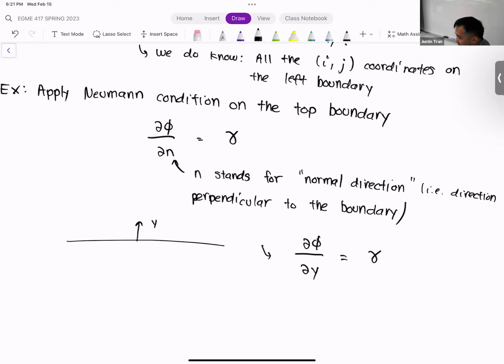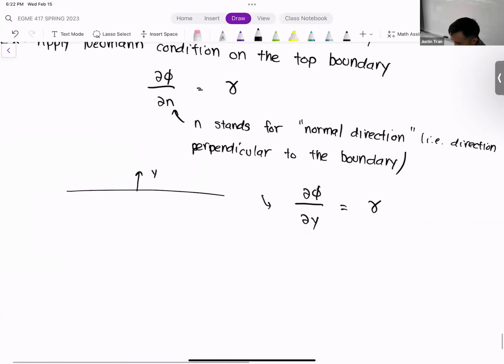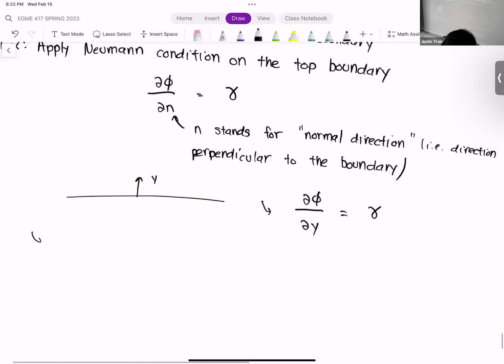Usually, in these contexts, a Neumann boundary condition is used to represent things like heat flux, and heat flux is a quantity that goes into or out of your domain. So you want to make sure that when you're applying these boundary conditions, you apply them in a direction that's either into or out of your domain, and so you need to apply it in the perpendicular direction. All right, so that's what that n means.